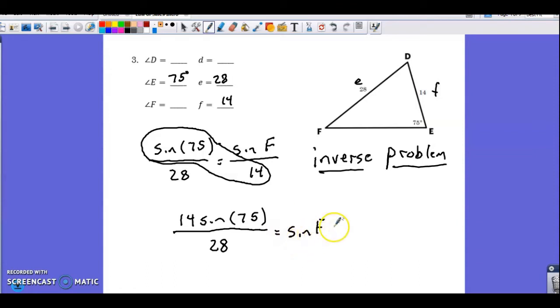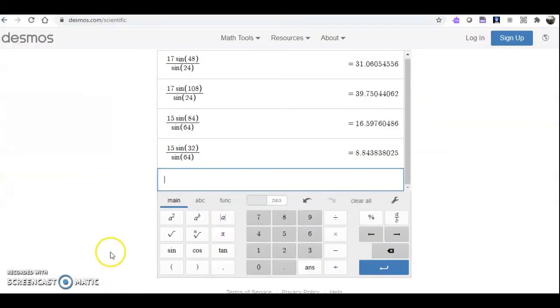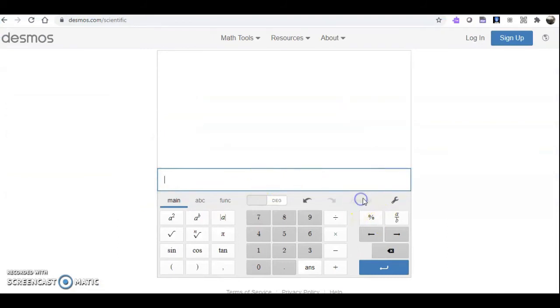To get the angle out of that, you have to do the inverse, which is sine to the -1 power, of that answer, of that decimal. Let me show you that on Desmos.